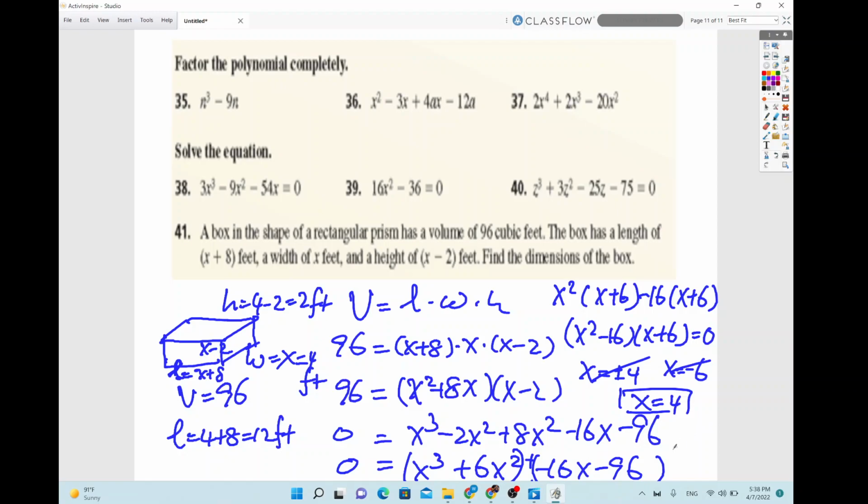Once you FOIL that out, it's a cubic polynomial, so we have to factor it by grouping. Once you factor it completely, you find a 0. But the dimension cannot be negative, so there's only one solution, x equals 4. Once you find that variable, plug in the number and find the dimensions: the length, the width, and the height.